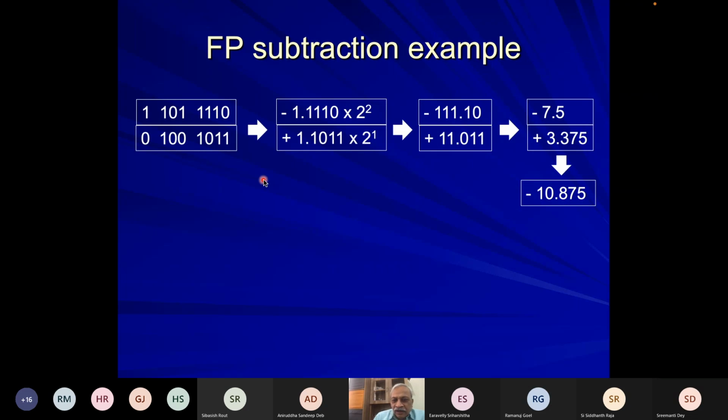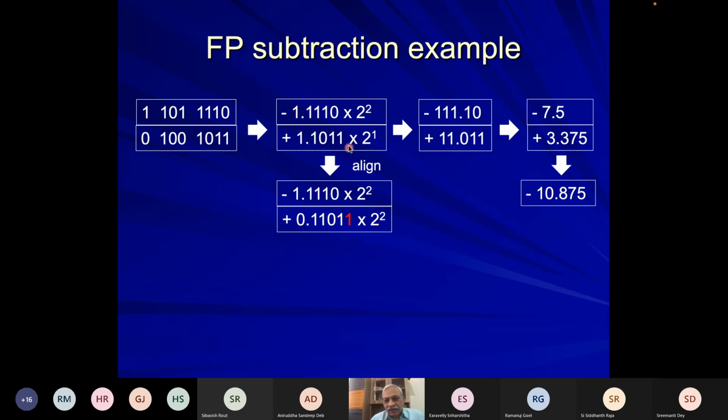Now let's do it in binary itself. We'll do it mechanically, as it would be done in the hardware. We make the exponents equal, so the second one is shifted right. You get 1011, and the 1 is getting thrown away. I'm showing it in red, so that is in the danger zone.